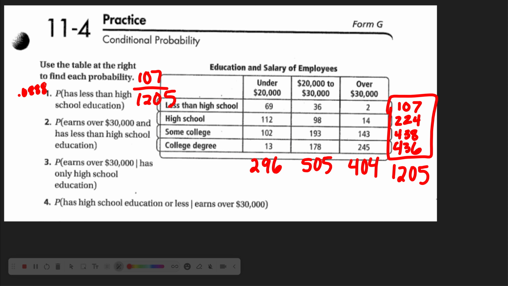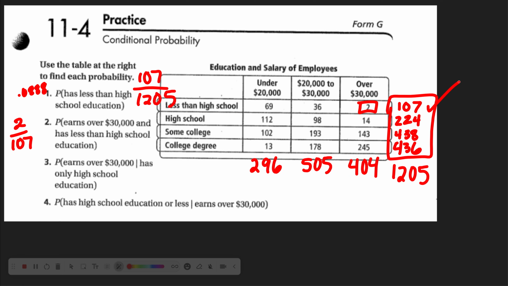What's the probability that someone earns over 30,000 and has less than a high school education? Well, since we had everything separated, I can just look for how many people have less than a high school education: 107. How many of them make over $30,000? 2.